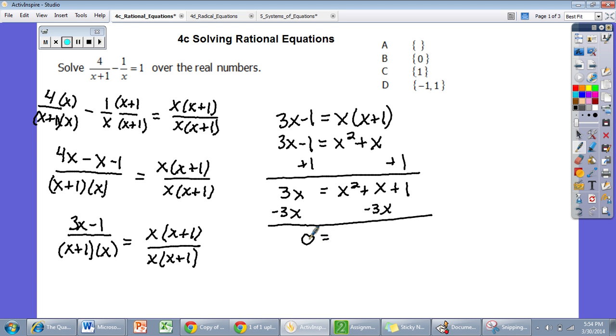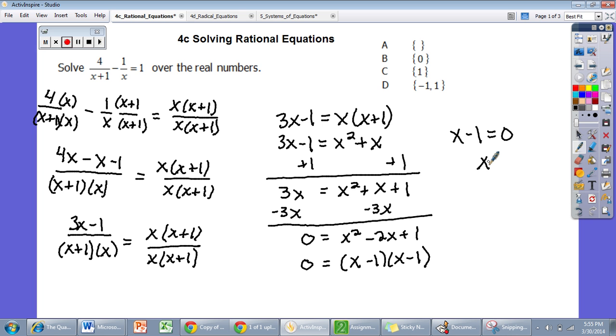So now I have everything equal to 0: x squared minus 2x plus 1. Now I need to factor this, and I'm very quickly going to factor this as x minus 1, x minus 1. If you need a review of factoring, please see the factoring video or see your math teacher. And then I know that to solve these, I would just set each of these equal to 0. So x minus 1 equals 0.